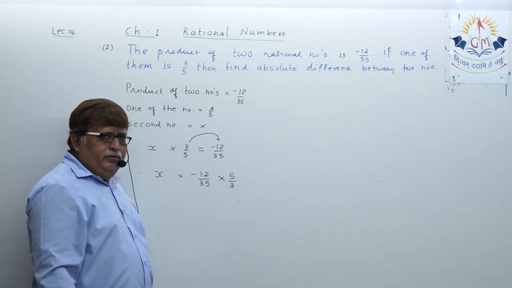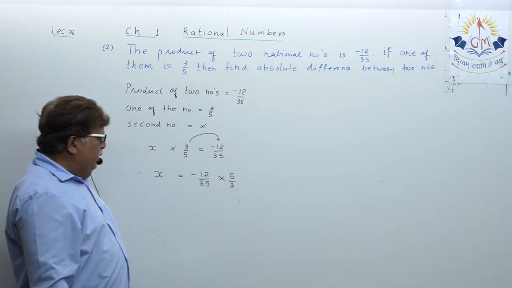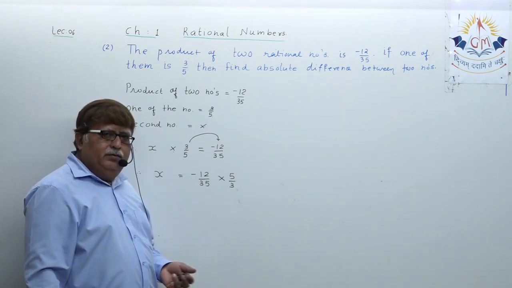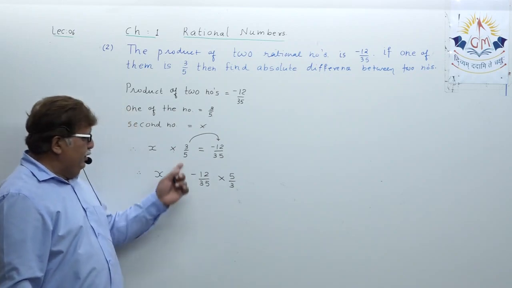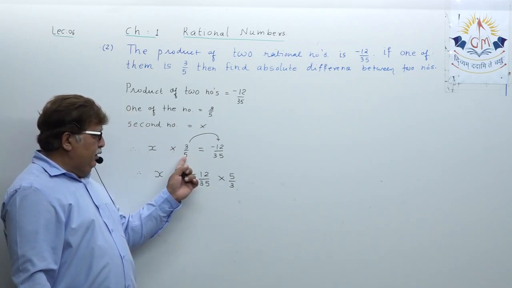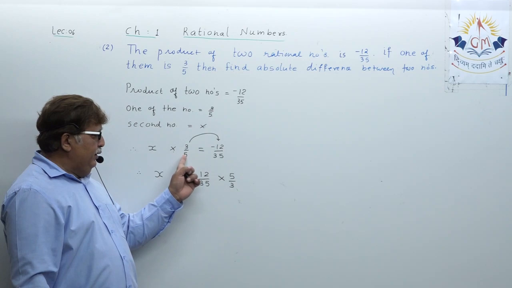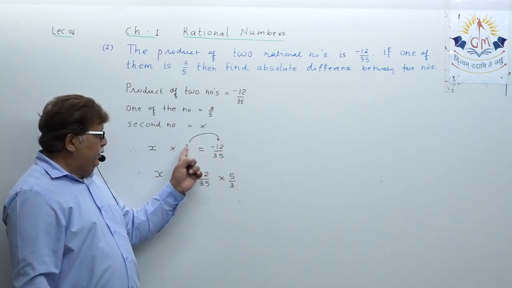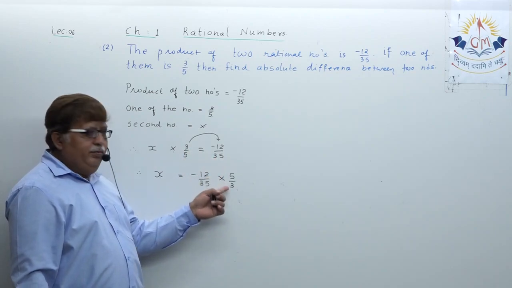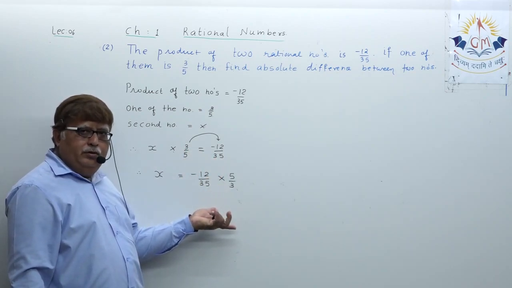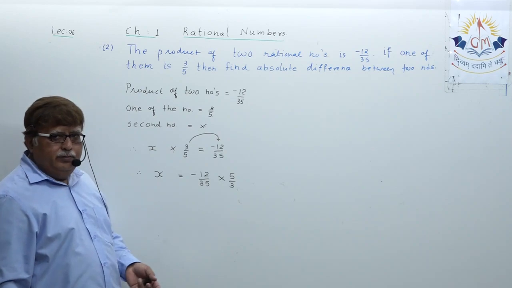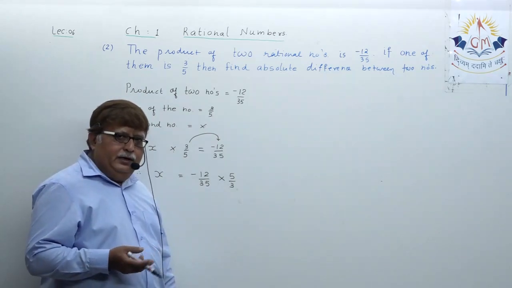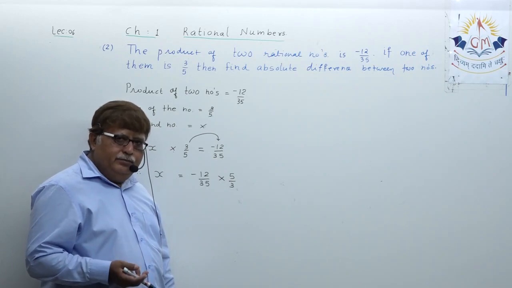There are many students who do not follow this customary way of transferring. They also say, sir, if we cross multiply, 5 will be multiplied with minus 12, 3 will be multiplied with 35, all okay. Maths is a subject of your concept understanding and applying your variety.